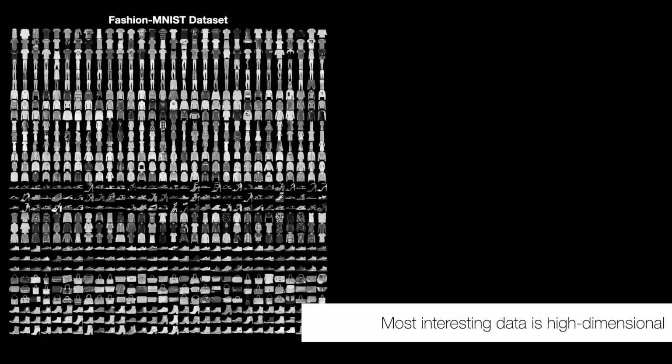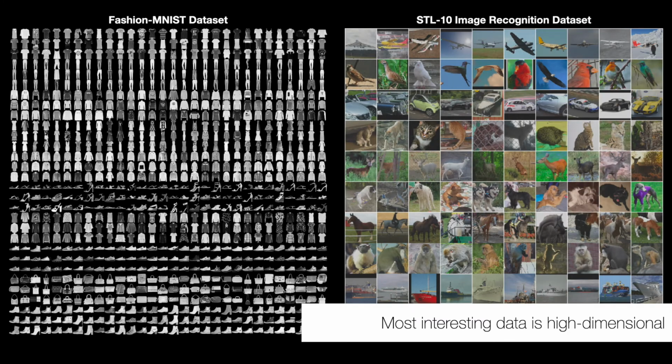Or if we're talking about images, if we want to do image recognition, the Fashion-MNIST data set is a popular data set for characterizing what kind of clothing item you're looking at in an image, or the STL-10 image recognition data set from Stanford, where you have a bunch of different objects in your images. Well, these images can all be high dimensional as well.